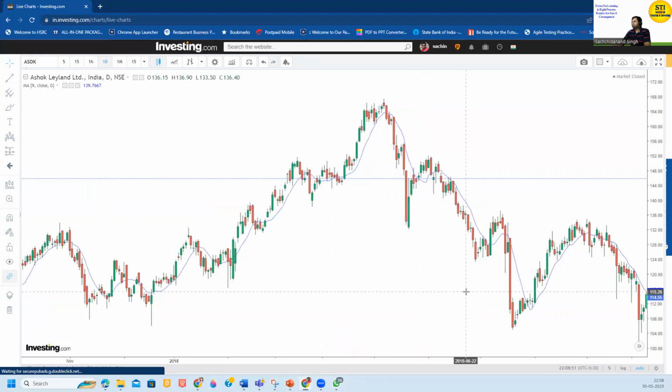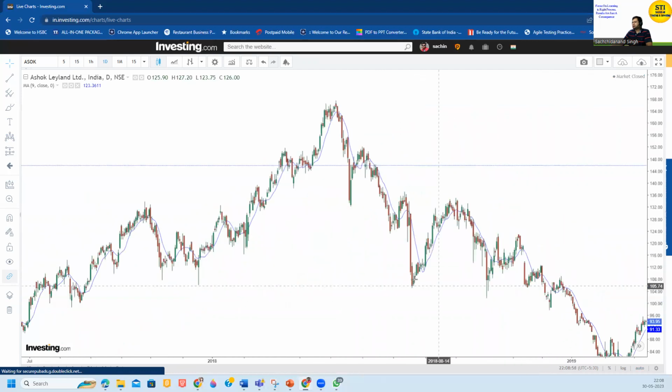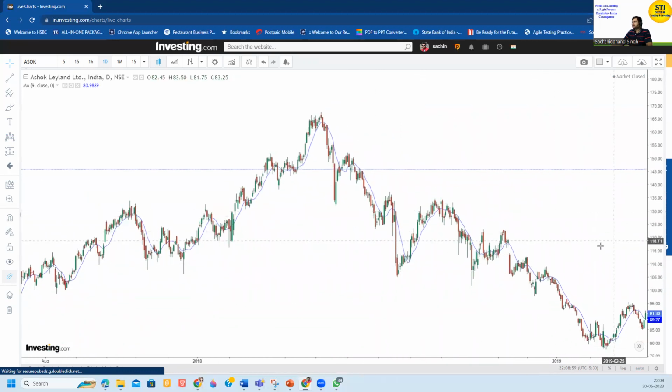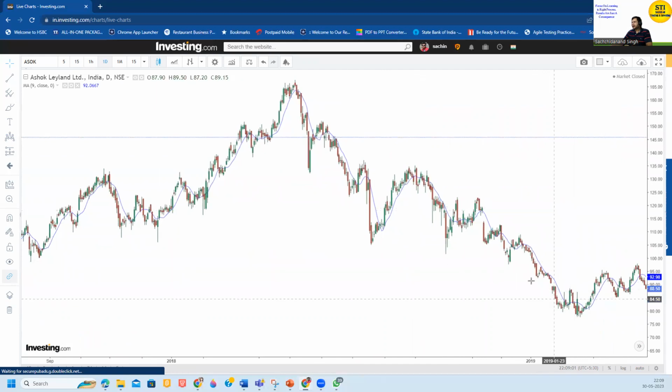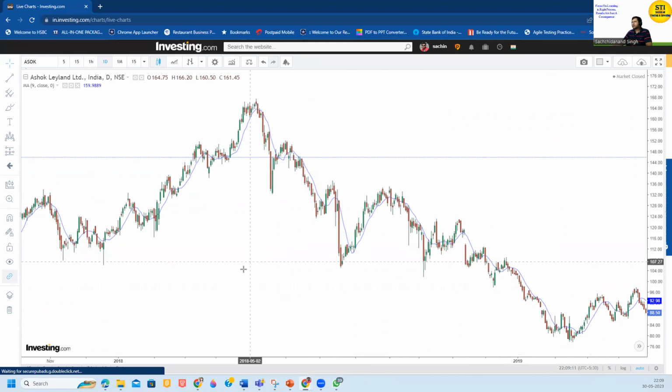Okay, so if you have watched my video on how to use investing.com, normally whenever we are looking at the chart, we are looking in a different way. The best way to look at a chart, after zooming in and zooming out, is to just click here at this button called auto. Once you click that, whatever your chart, it will display it in the most optimal way.